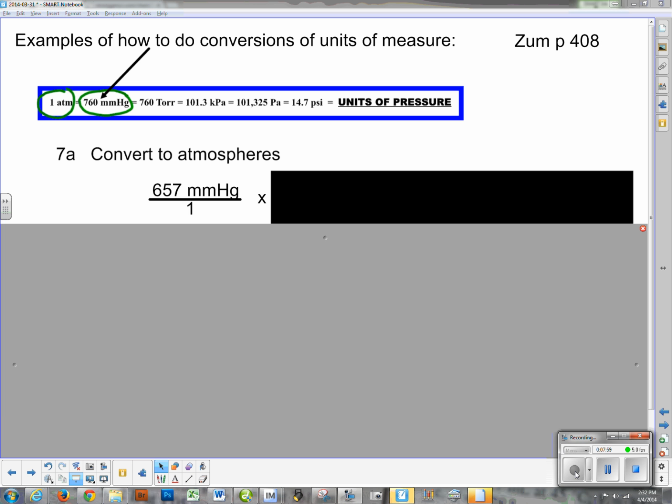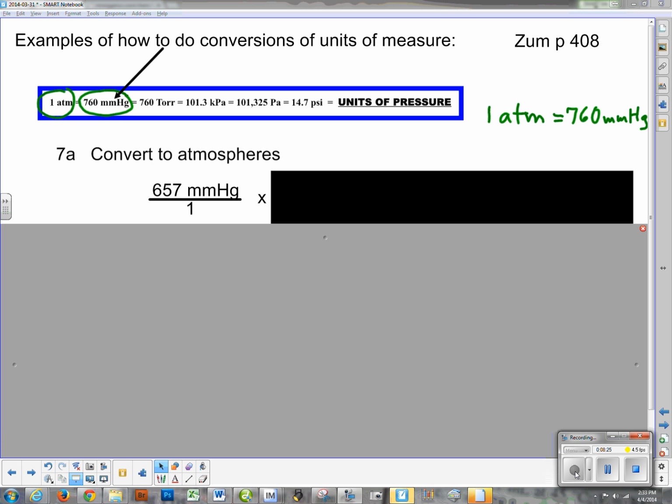Okay? So let's stick there with the 760 and the 1, and let's look at what the fraction will be made from. 1 atmosphere is equal to 760 millimeters of mercury.